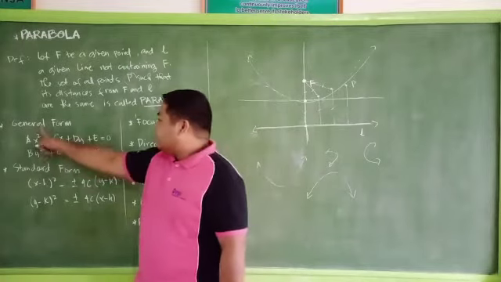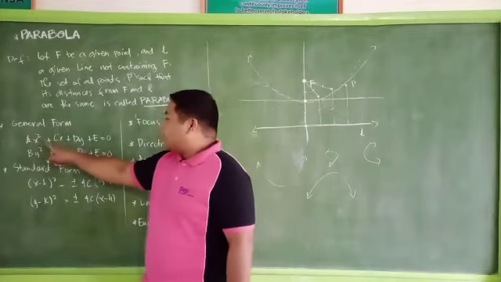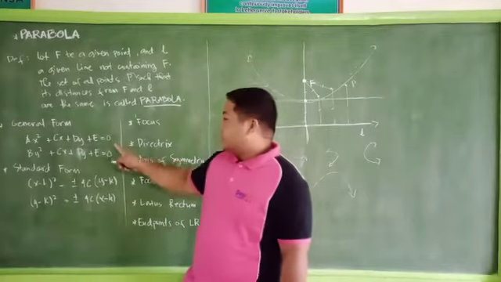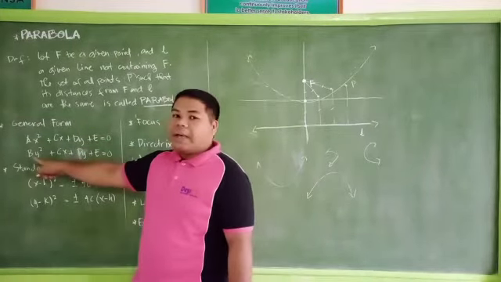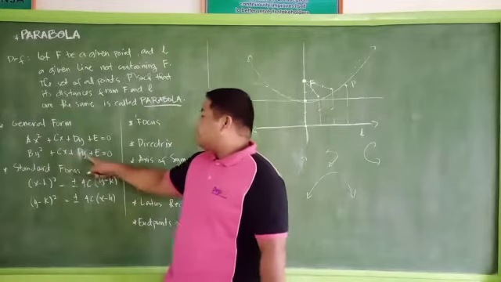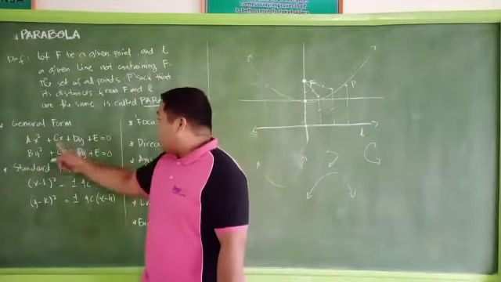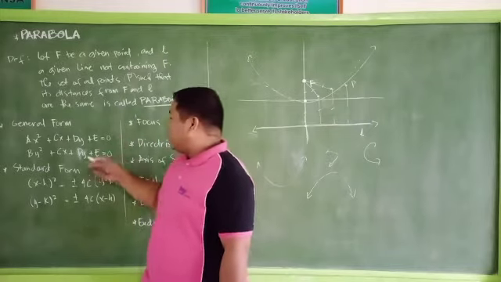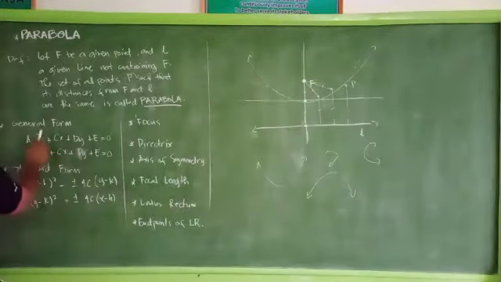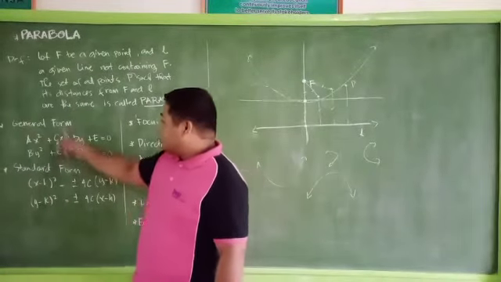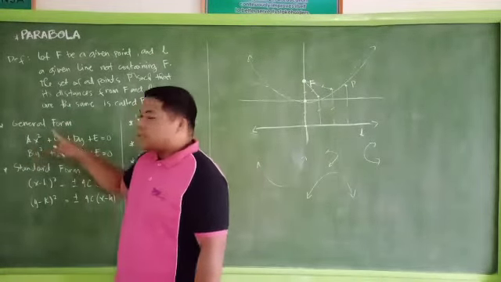So we have here general form: ax squared plus cx plus dy plus e equals 0. Also, meron tayo dito: by squared plus cx plus dy plus e equals 0. Notice that yung pinagkaiba lang ng dalawang equation na to is yung first term lamang. Yung first term, ax squared.